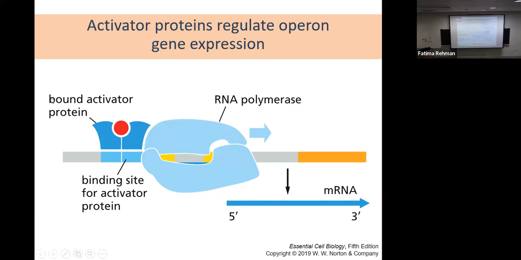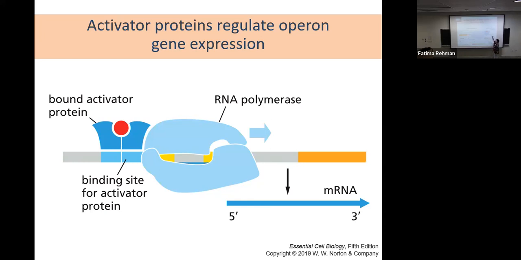Another way, obviously, is by looking at activators. In activators, again, it's going to be within that promoter operator site. You will have a binding site for the activator protein that's going to have your activator bound to it. Sometimes they're only present at certain times, so they bind only at that time.